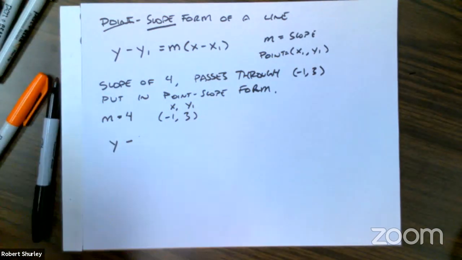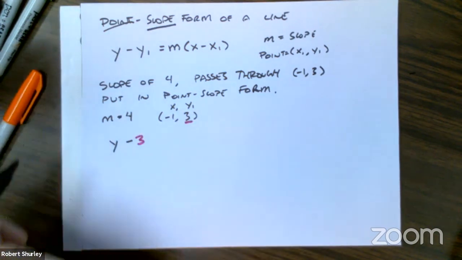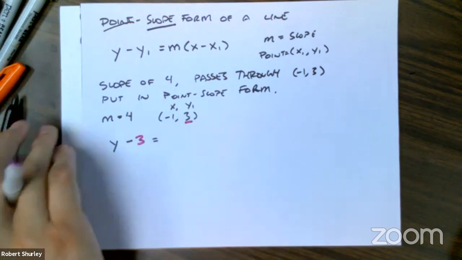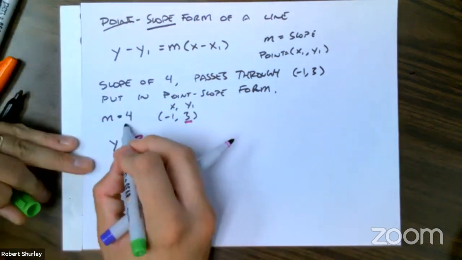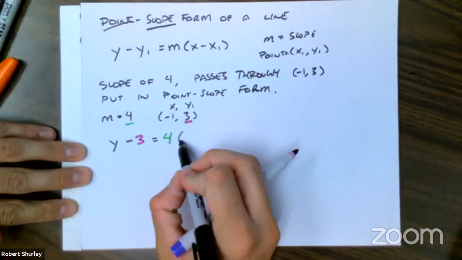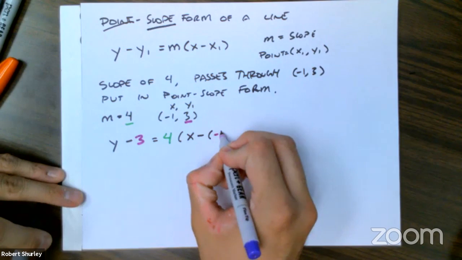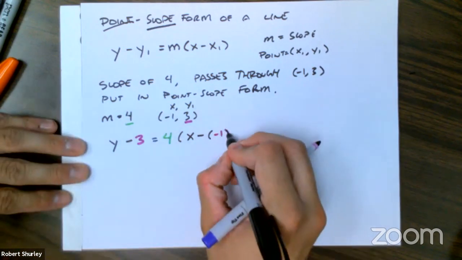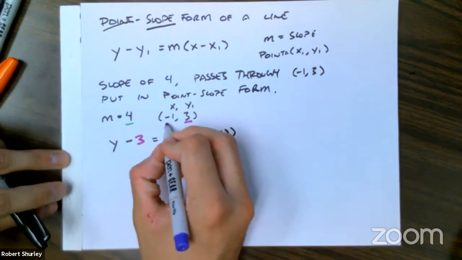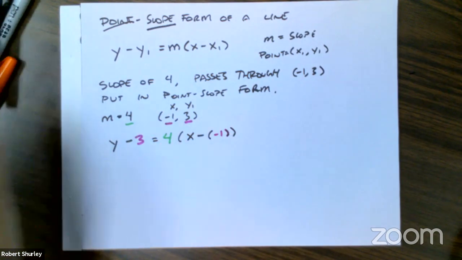Hold on. y minus 3 equals 4 times x minus -1. Okay, that's a little too much color.